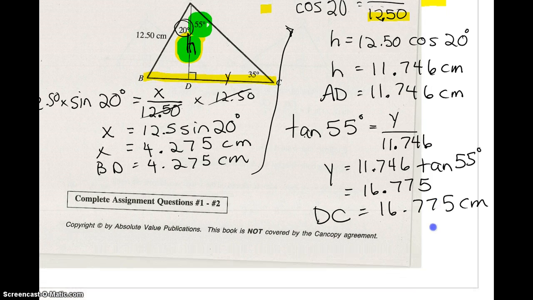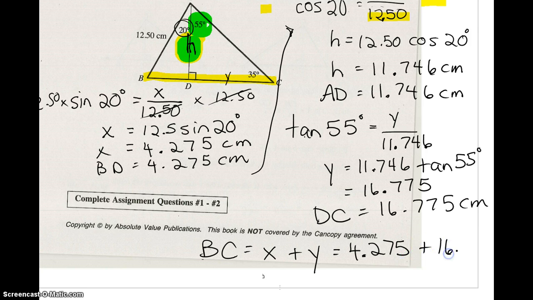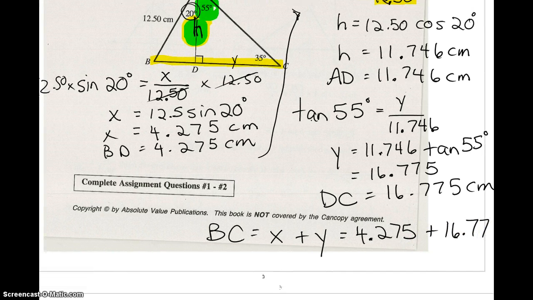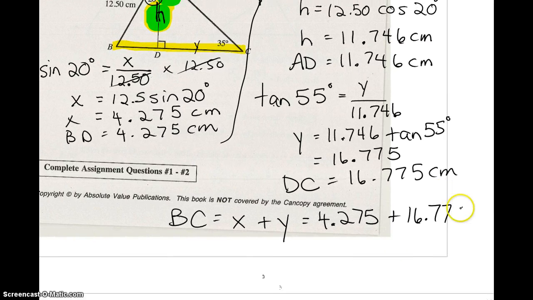So now all I need to do is add my BC equals the x plus the y, or the BD plus the DC, and that will be 4.275 plus 16.775, which equals 21.05 centimeters. And that is the end of the first page.